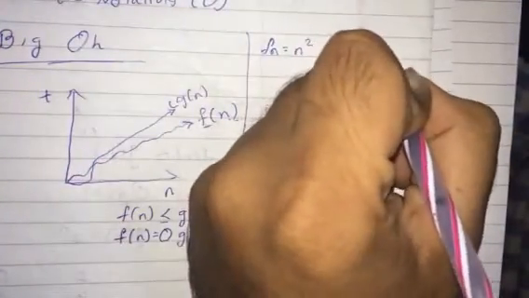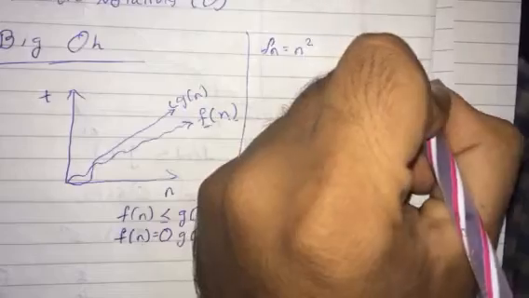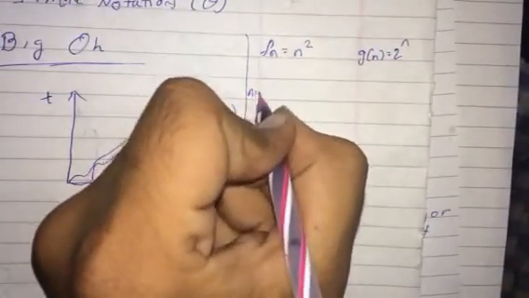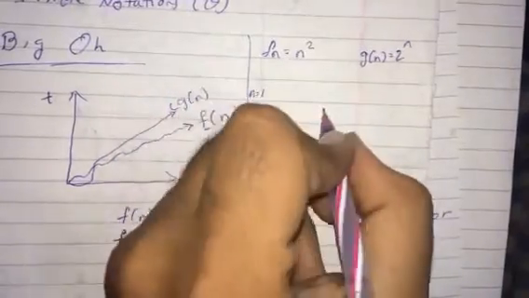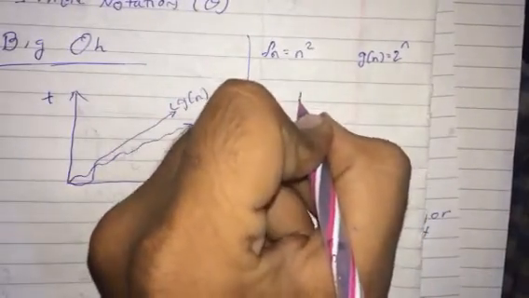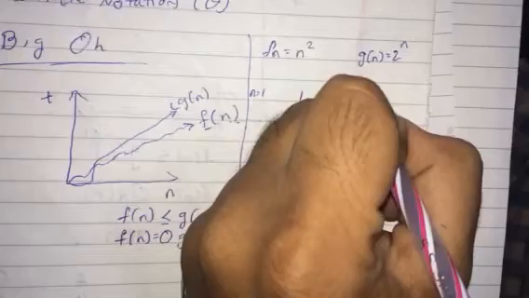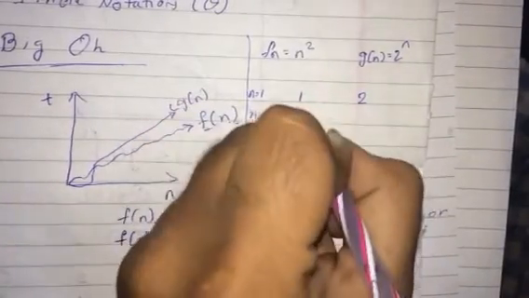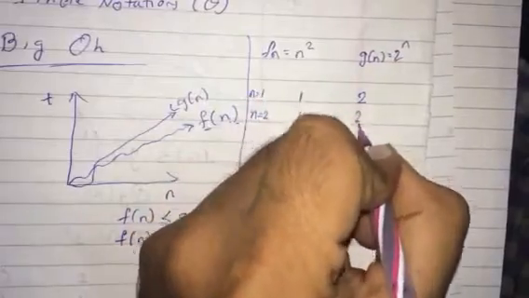Consider f of n equal to n square and g of n equal to 2 raised to n. For n equal to 1, n square would be 1 and g of n would be 2. N equal to 2, 4 and 4.